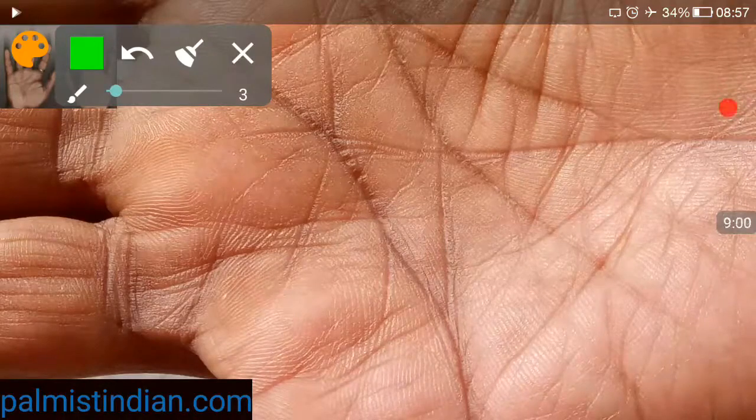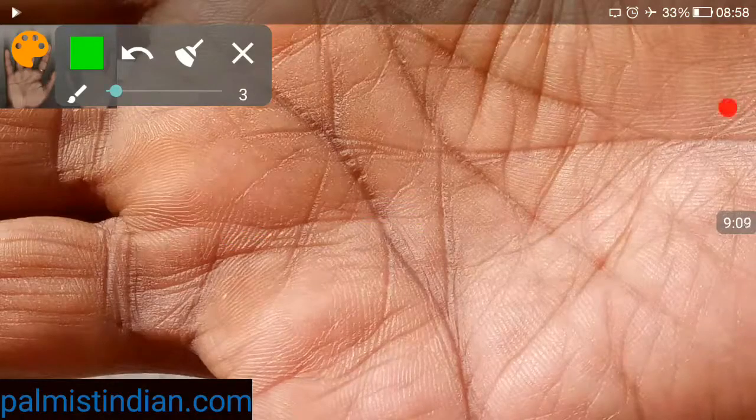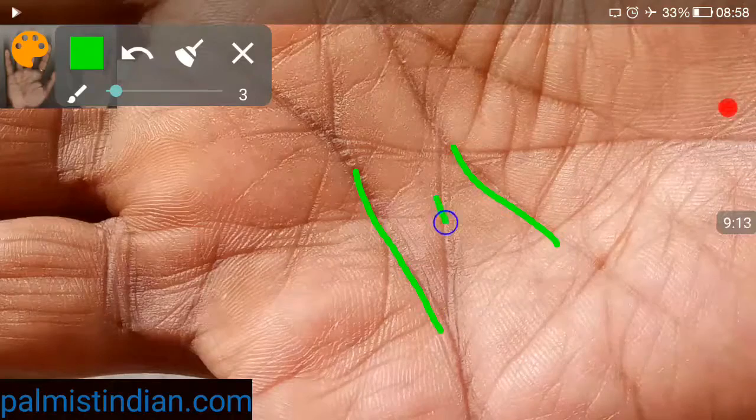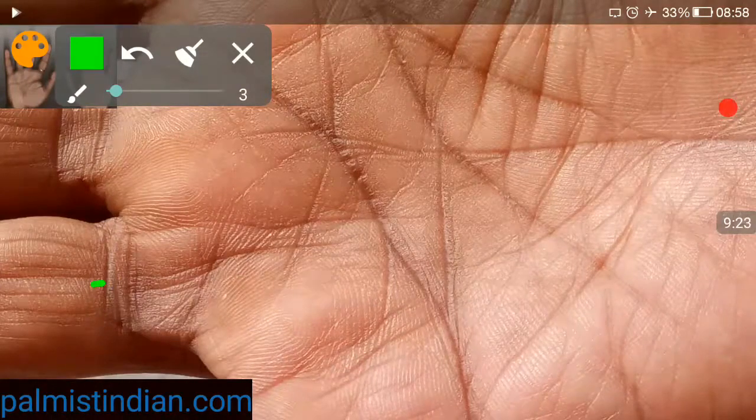So this aspect, and this particular line, the new line we see developing somewhere between the head and the heart line, somewhere in the middle. You see this particular line is developing. So this starting point is approximately age 44, 45.